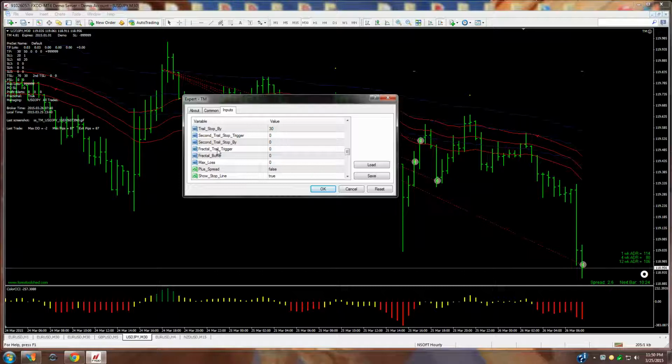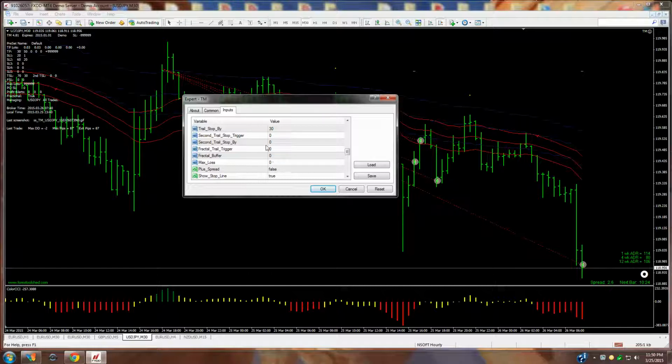So there are different options here, such as a fractal trail trigger. Now this is something I haven't used, but what I believe it would do is place your stop level directly above any fractal point, or swing high or swing low, depending on which direction you're going in.